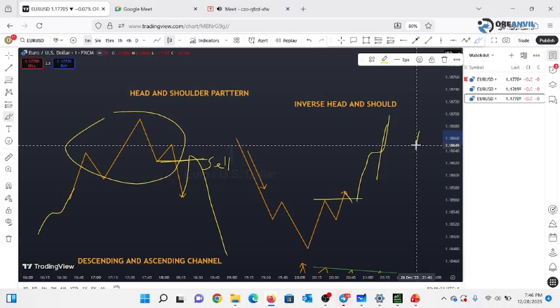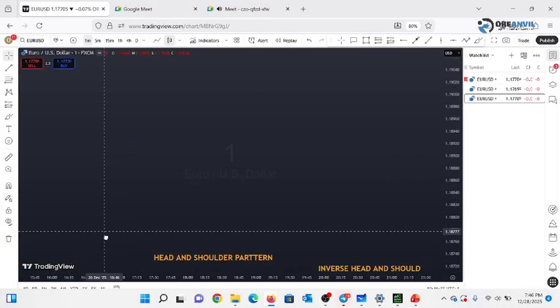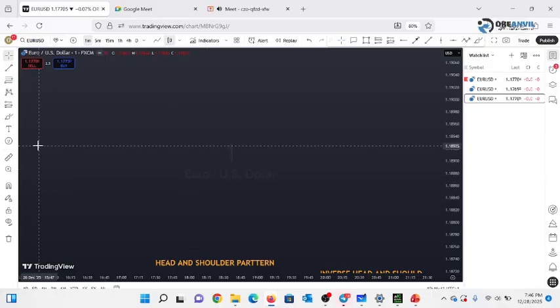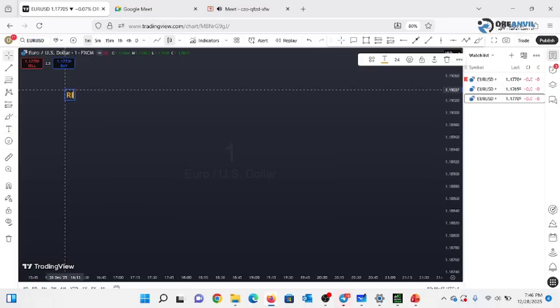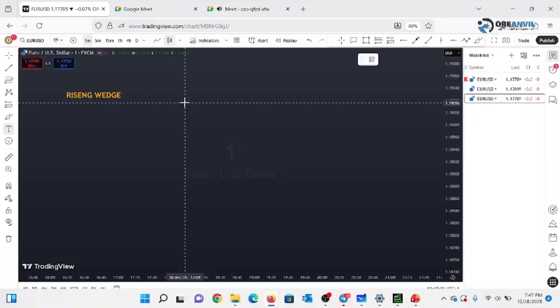Another candlestick pattern that we need to understand that is happening in the market is what we call the rising and falling wedge. So we have the rising wedge, and we have the falling wedge.